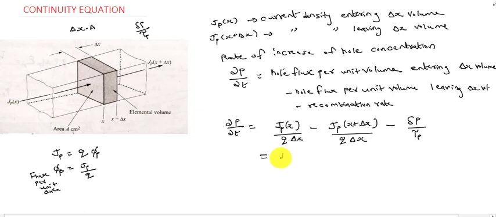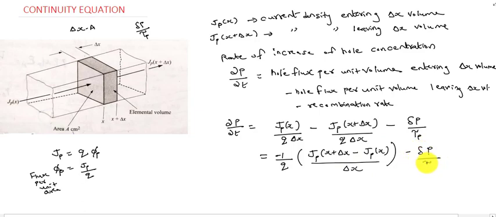If we take 1 by q common, then it becomes minus 1 by q into Jp of x plus delta x minus Jp of x by delta x, minus del p by tau p.